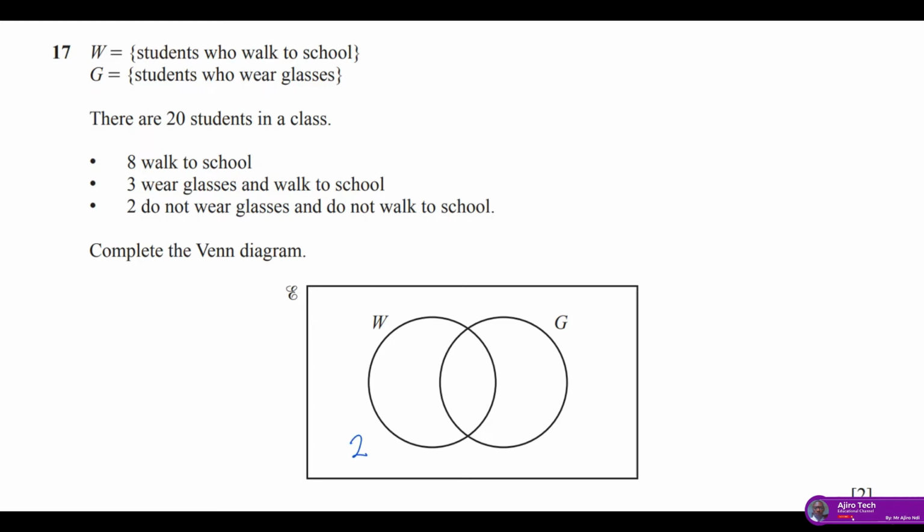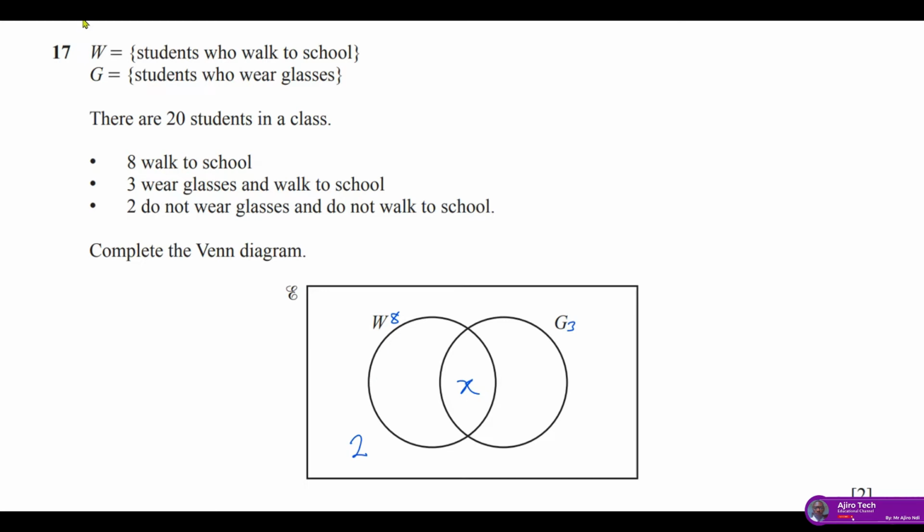So our issue is to find those that do both. W is 18, G is 3. Let's say both is X. If you now remove X from 18, you have 18 minus X. Okay, look, if I am told that 3 wear glasses and walk to school, we have the value at the middle.